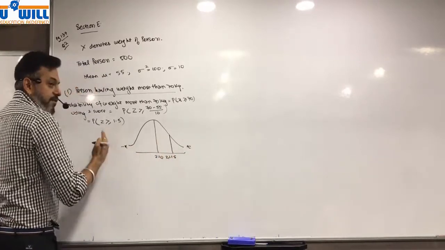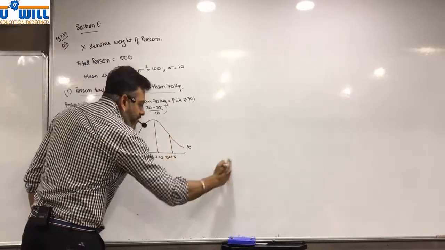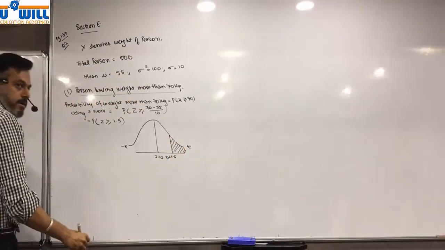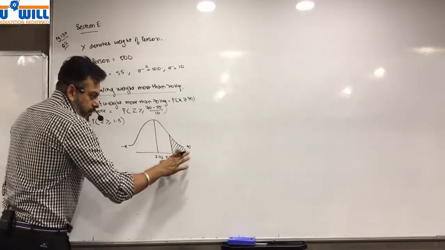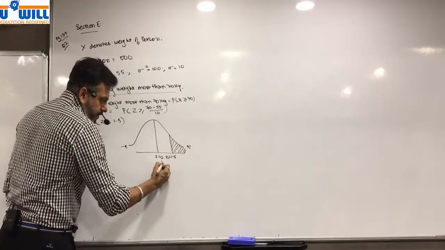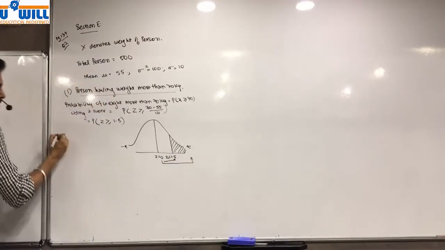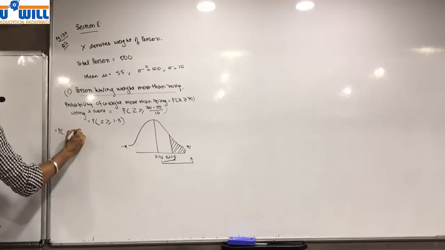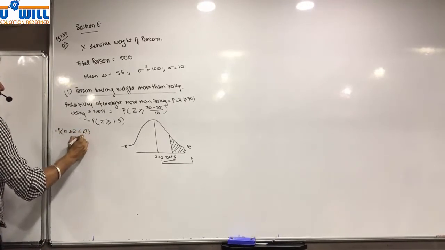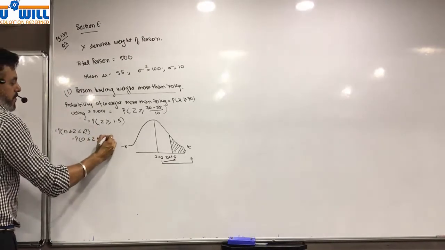Now which side will we shade? More than 1.5. Got it? How will we find this? 0 to infinity minus 0 to 1.5. That is probability of z greater than equal to 0, less than infinity, minus probability of z greater than equal to 0, less than equal to 1.5.